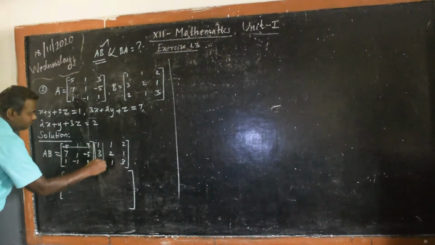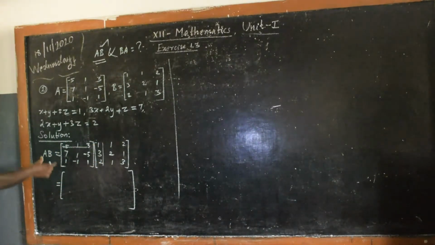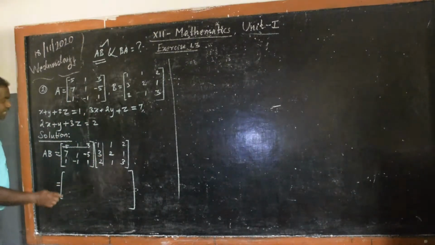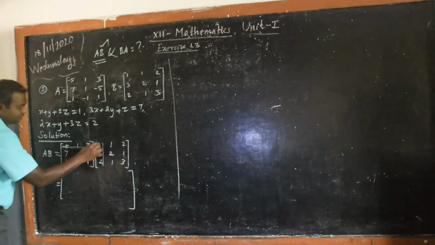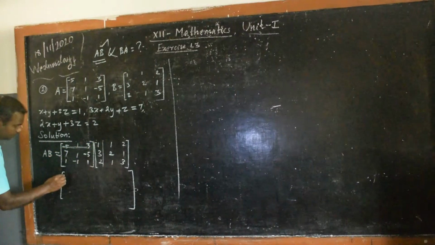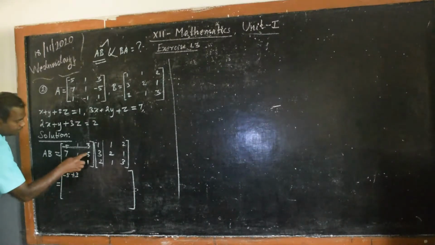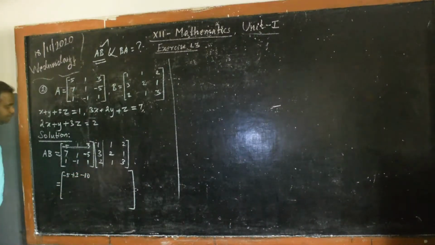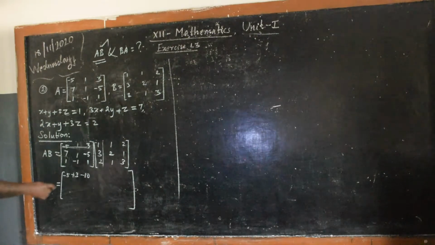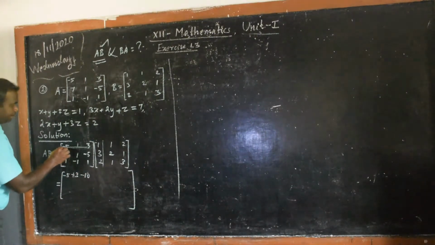First row and first column: minus 5 into 1, minus 5, plus 3, plus 2 times 1... minus 10 gives the entry.